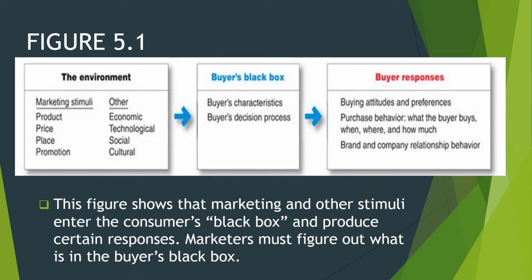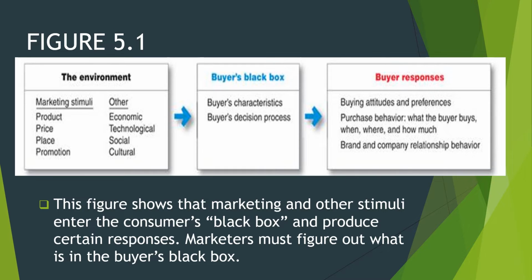The figure shows that marketing and other stimuli enter the consumer black box and produce certain responses. Marketers must figure out what is in the buyer black box. So we have here the environment, the buyer black box, and buyer responses. In the environment, there are marketing stimuli and others.